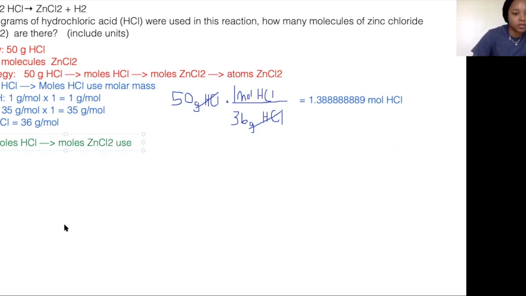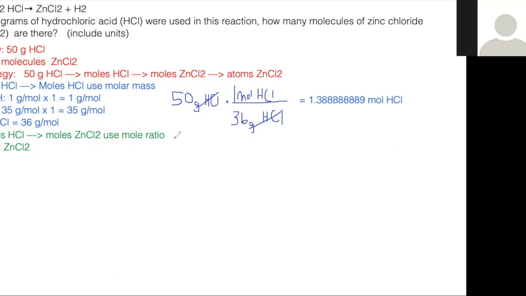To get the moles, you gotta use the mole ratio. For HCl, you put 2, and for the zinc chloride, you put 1. Now you gotta put 1.3888.